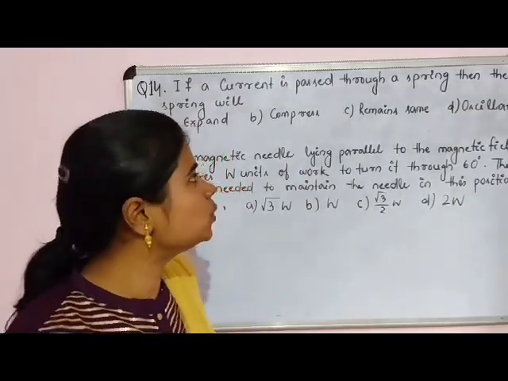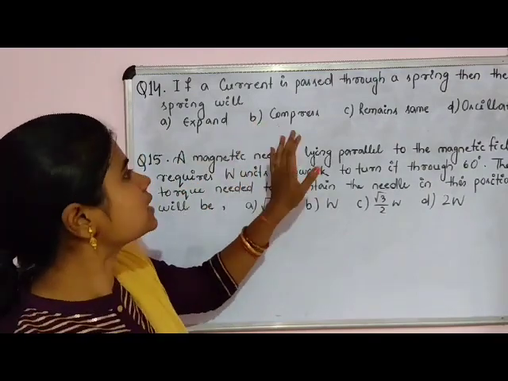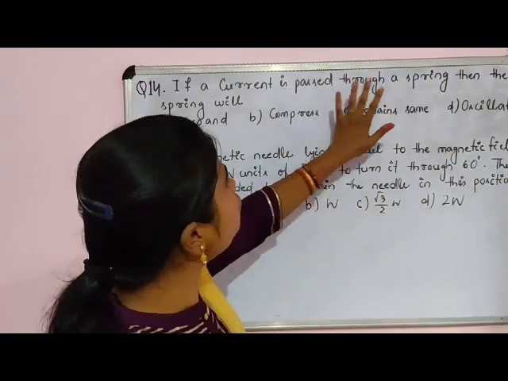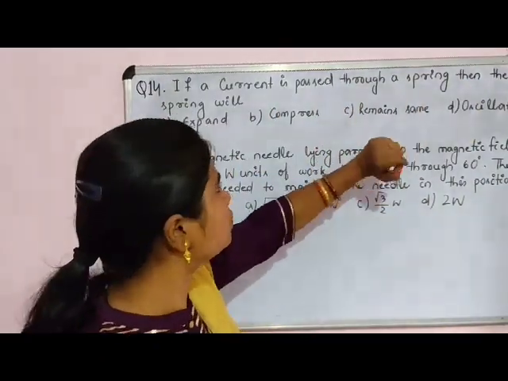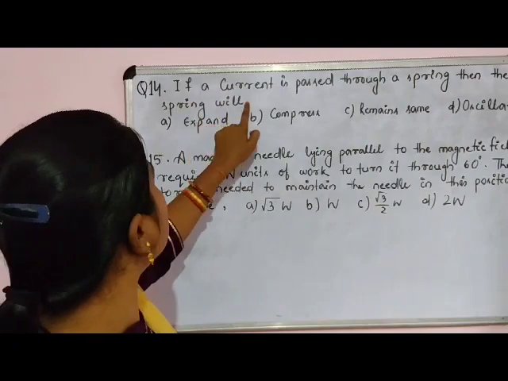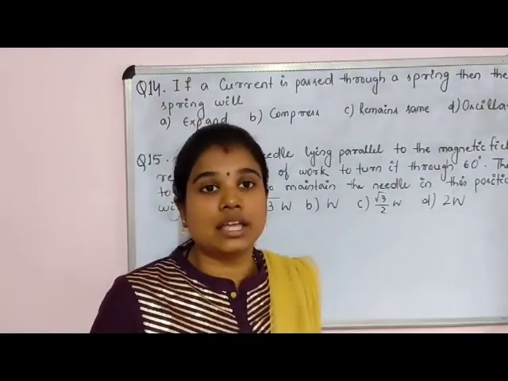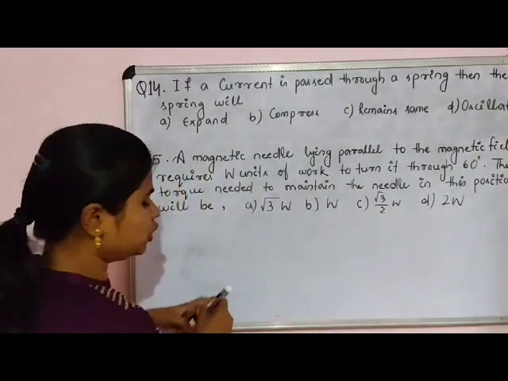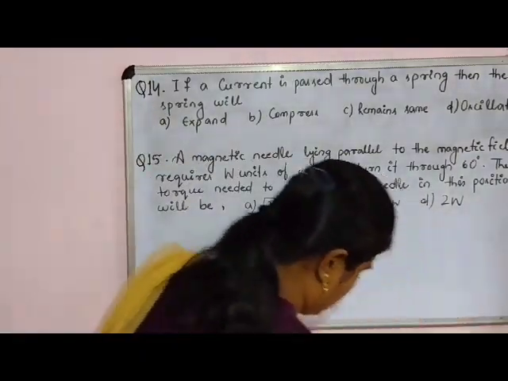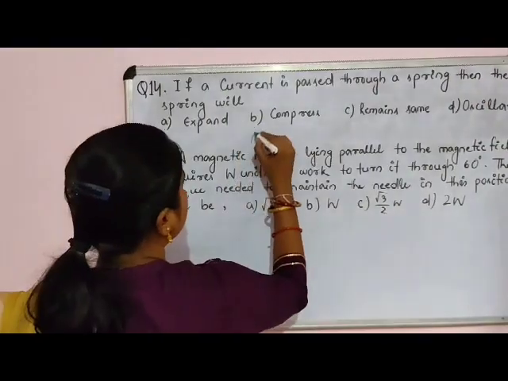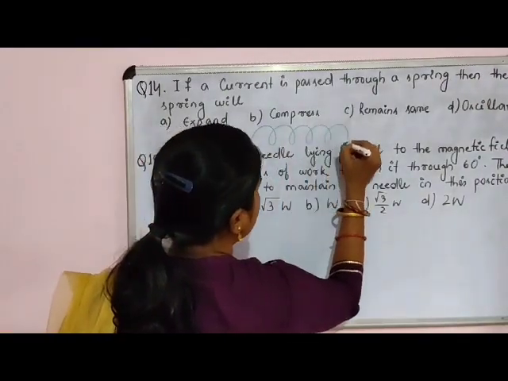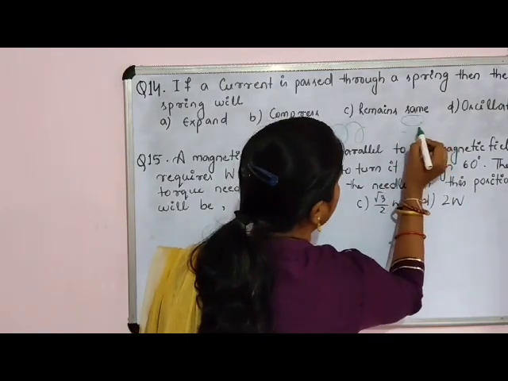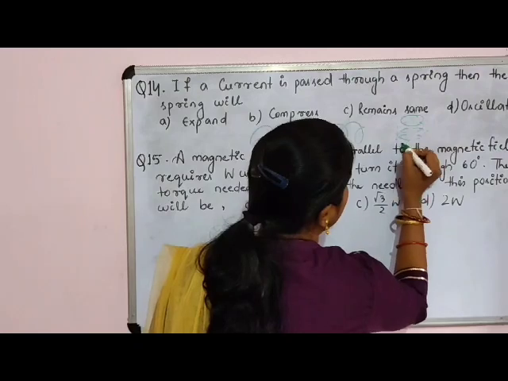Okay, so now we are going to discuss this 14th question. It is saying if a current is passed through a spring, then the spring will behave in which manner? That is the question basically. So see, we need to consider a spring, right? So the spring is in this format. This will be the form of a spring, or if you see vertically, that will be in this manner, right?